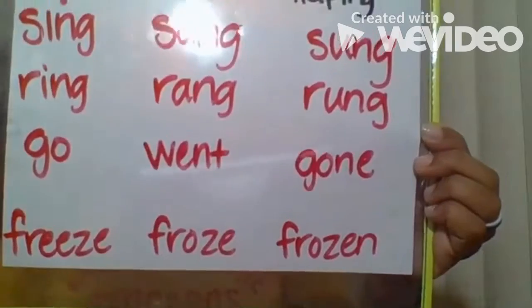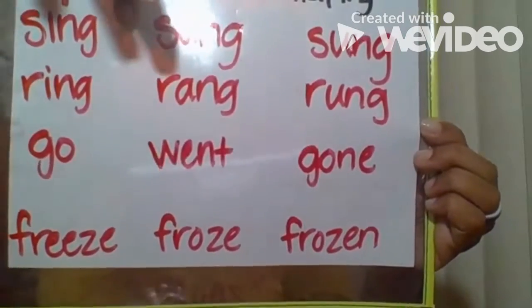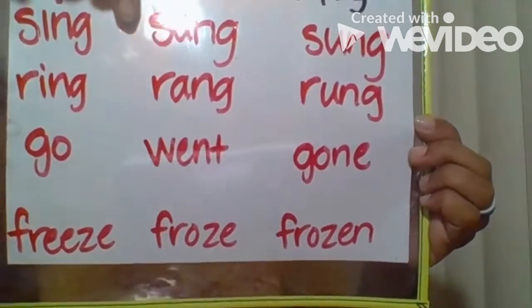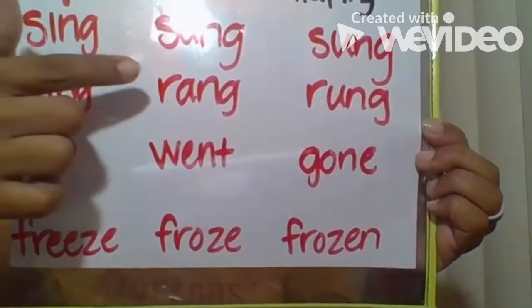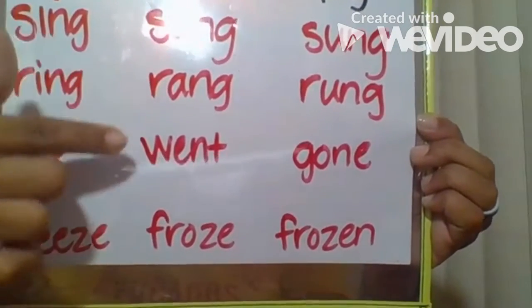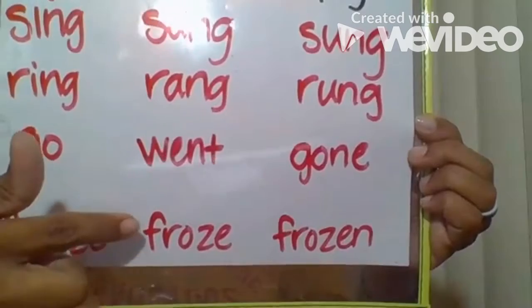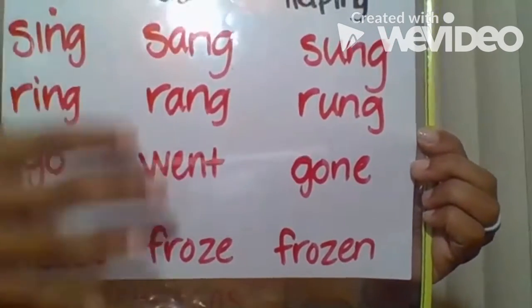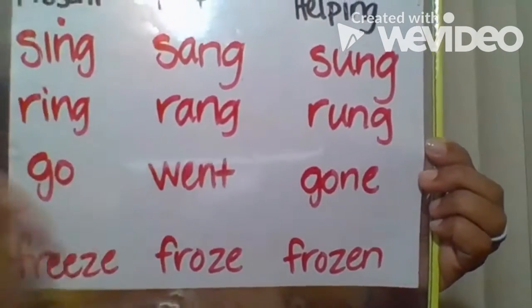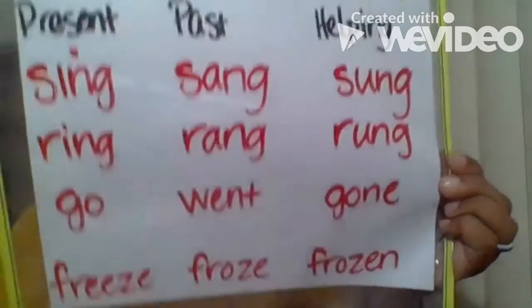So let's put these with our sentences. Maisie sang, the bells rang, you went to school, water froze at 32 degrees Fahrenheit. None of these words need any help to show the action.